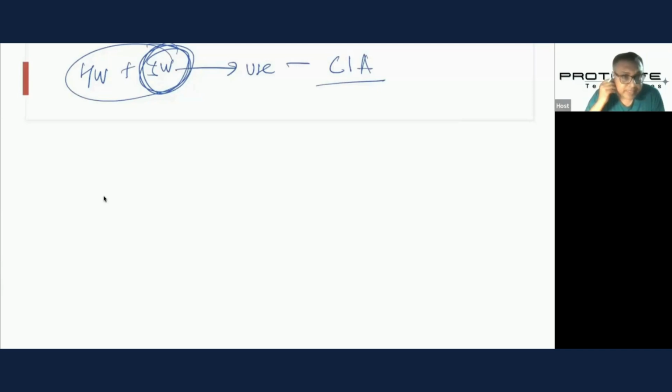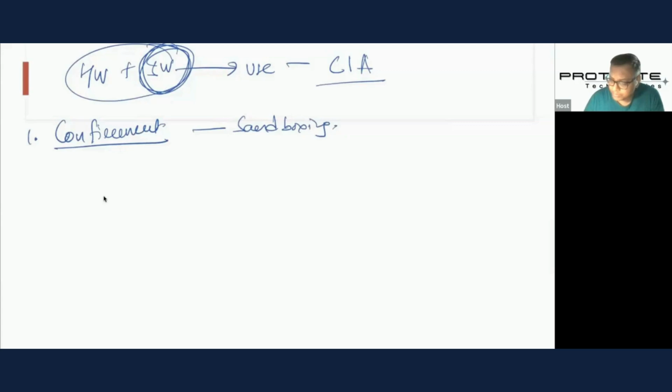Okay, and the first technique is called confinement. Now, what is confinement? Confinement is typical to what is called sandboxing. Suppose there is a process which is running inside a CPU, and it is trying to fetch some data from the memory, and this memory has some PII data.